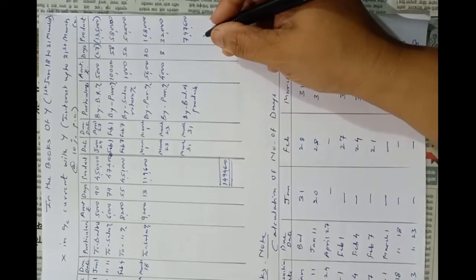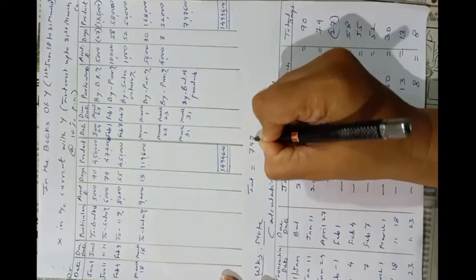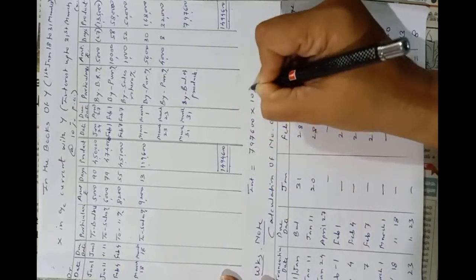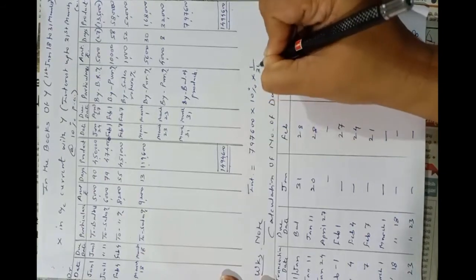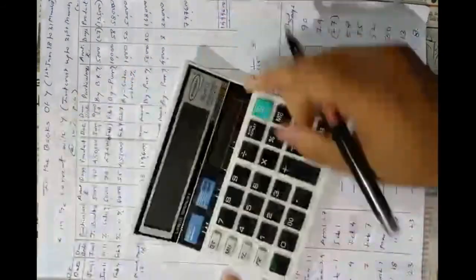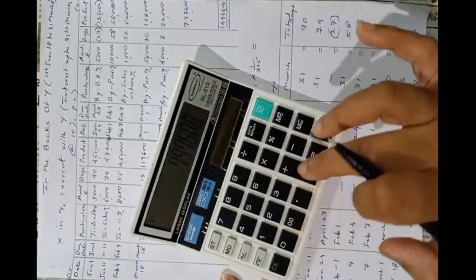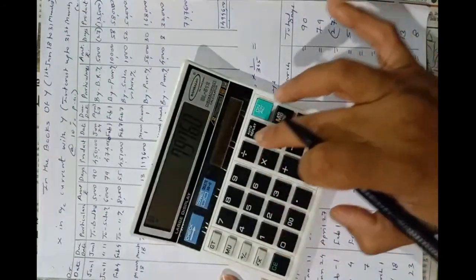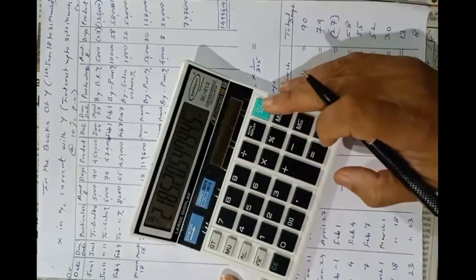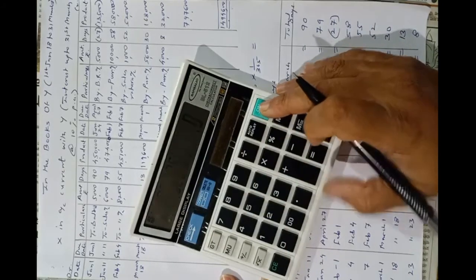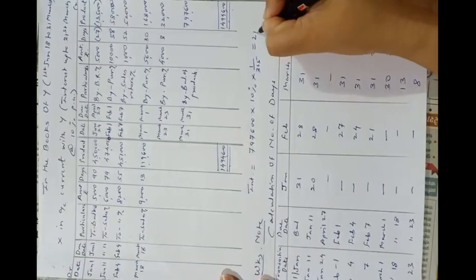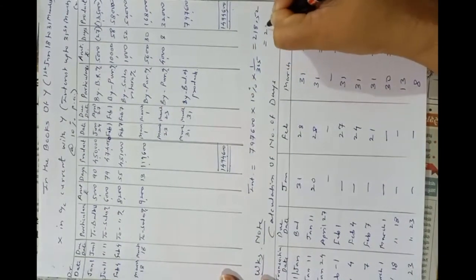So now we have to calculate interest on this amount. We will write here working note. Interest is equal to 7,97,600 into 10% into 1 upon 365. Okay, so 7,97,600 into 10% divided by 365, so it is 218.52, that is 219.